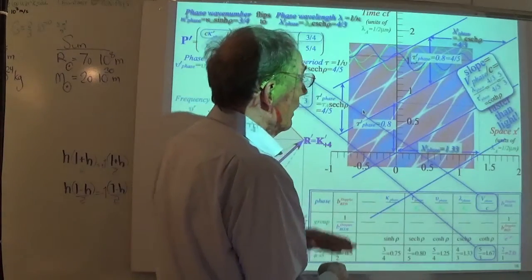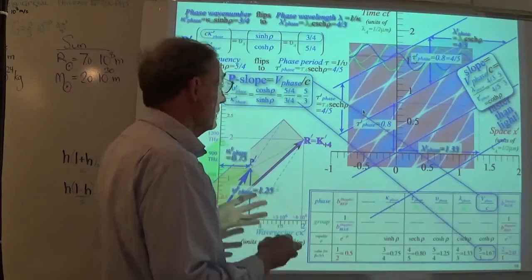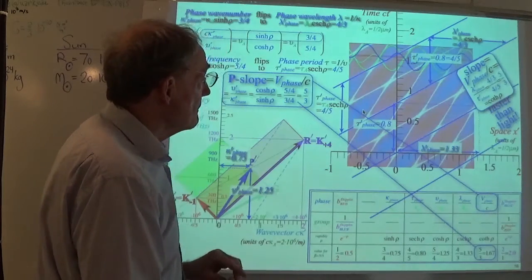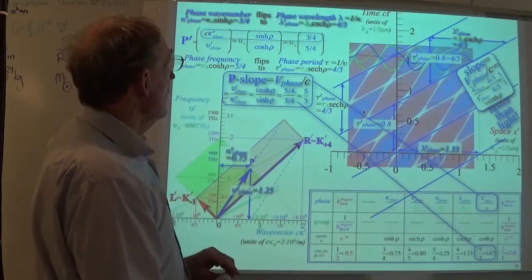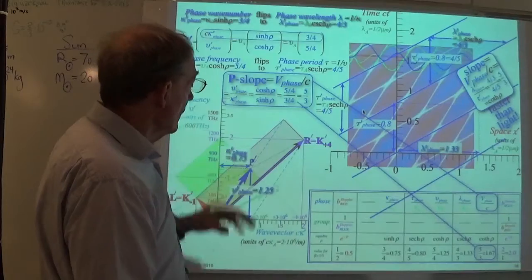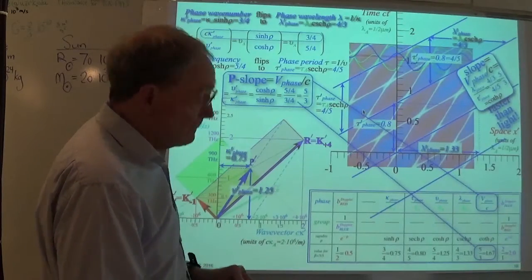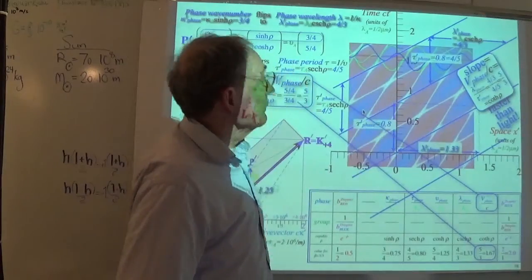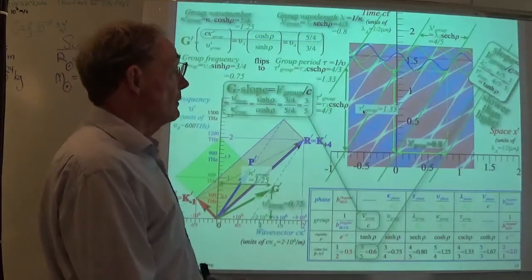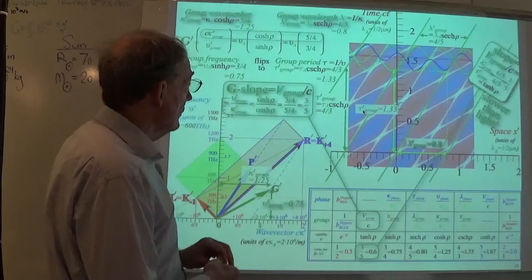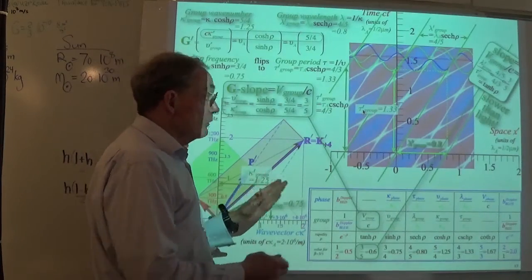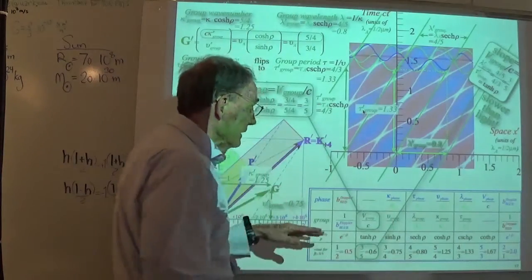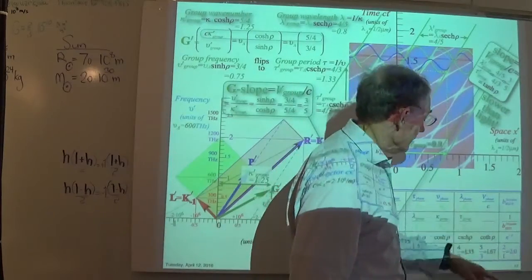The phase zeros are going infinitely fast when they go at all. And we've already talked a little bit about that. But the other lines, the ones going this way that are slower than light, always slower than light no matter how fast we push this, the group, the green stuff, that's this row right here, okay?